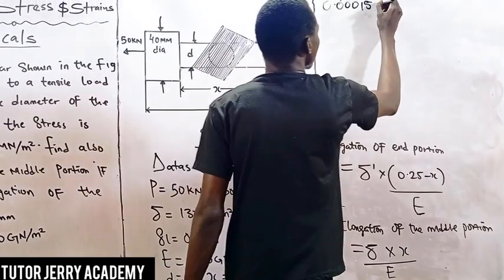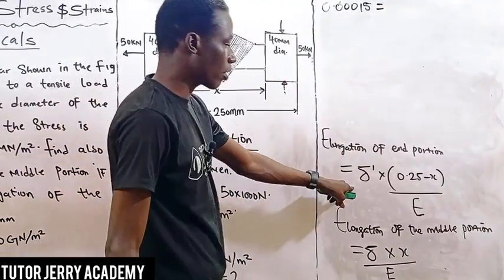So we have 0.00015 equal to the elongation of the end portion.